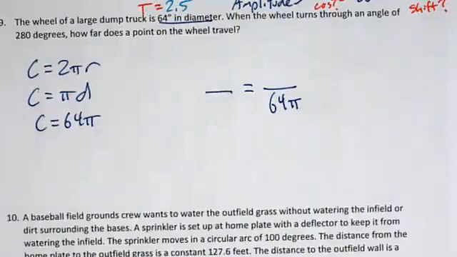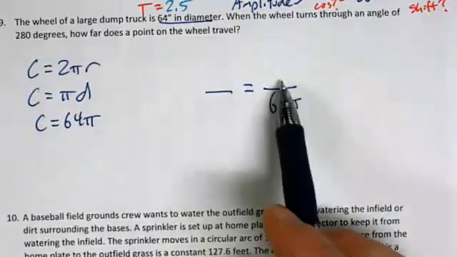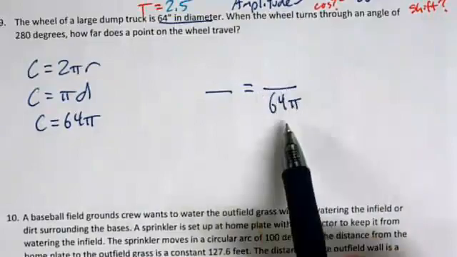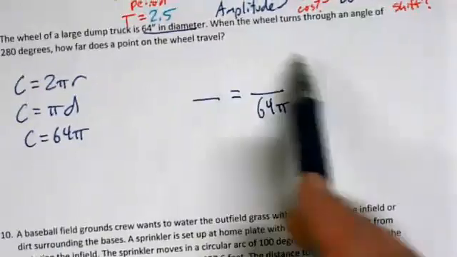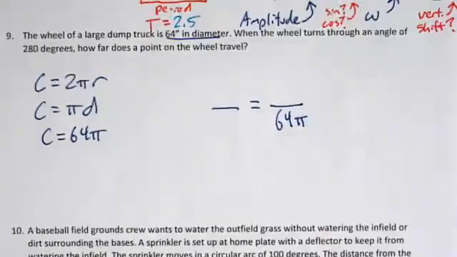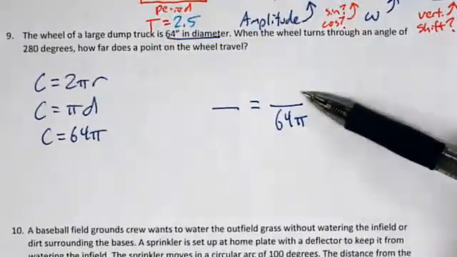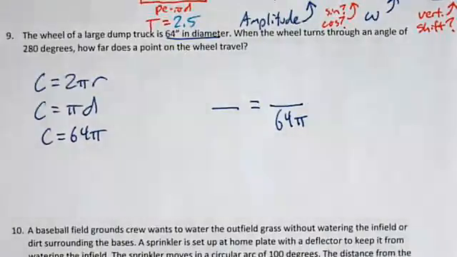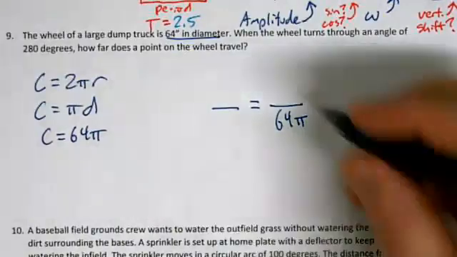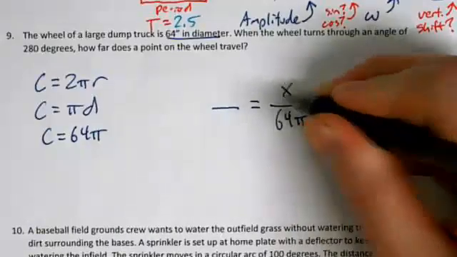X. This is circumference. I want to keep this fraction with just circumference. If this is the whole circumference, would X be the part of the circumference that we're looking for? Yeah, that's what we said we were going to figure out, the portion of the circumference that would result from this. So I'm going to put an X up there.